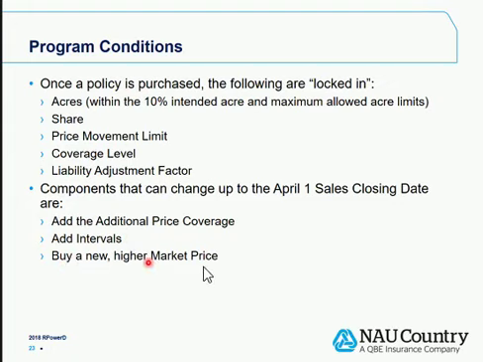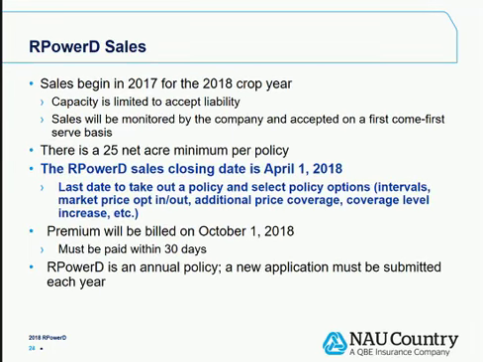Or you can buy a new higher market price. In other words, if that market price spikes up somewhere along the way, you can go back in and take another price. Obviously, each time you go in and make changes, there's going to be premium consideration when you do so, or when your customer does so.